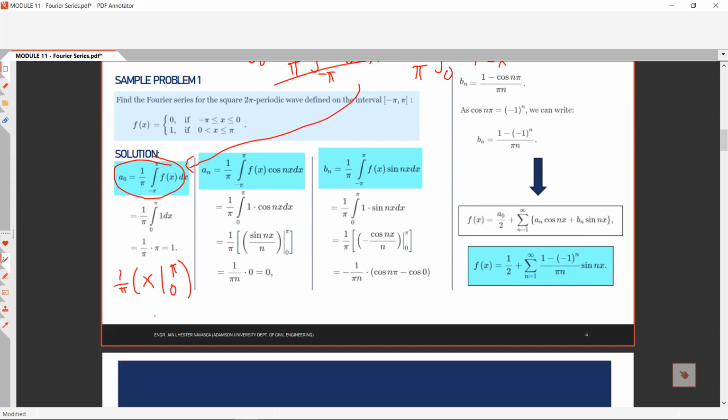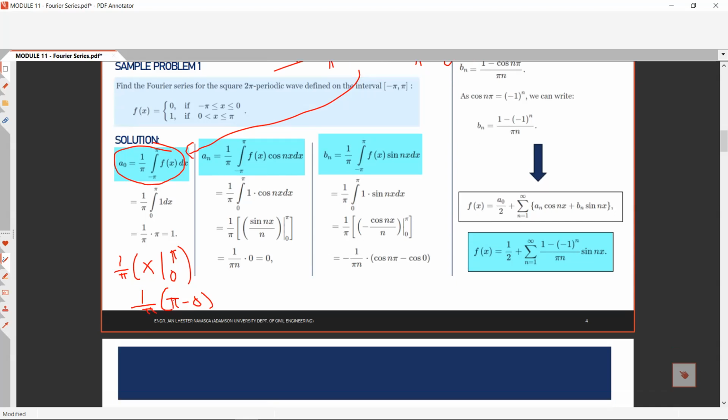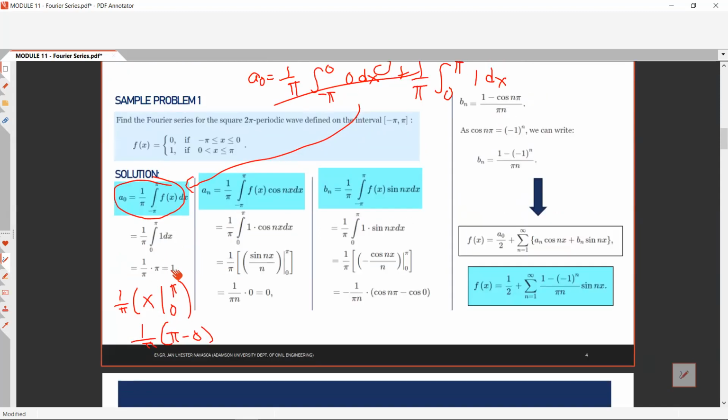Substitute mo yung pi, FB minus FA, we have pi minus 0. Then you have 1 over pi there. So you now have a sub 0 equal to 1. Okay, kaya naging 1 to.